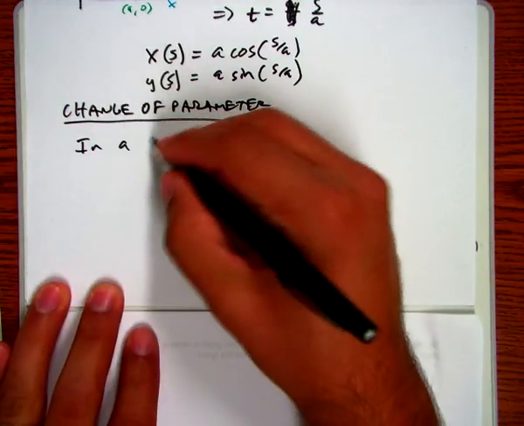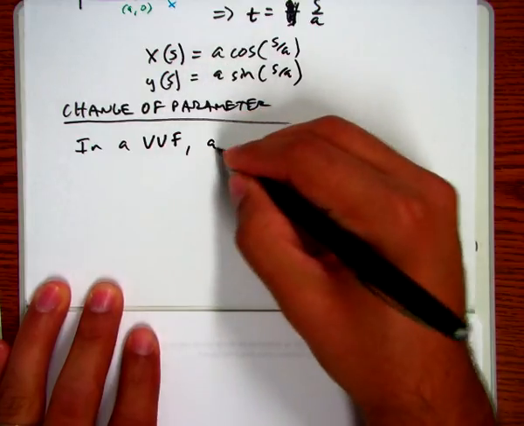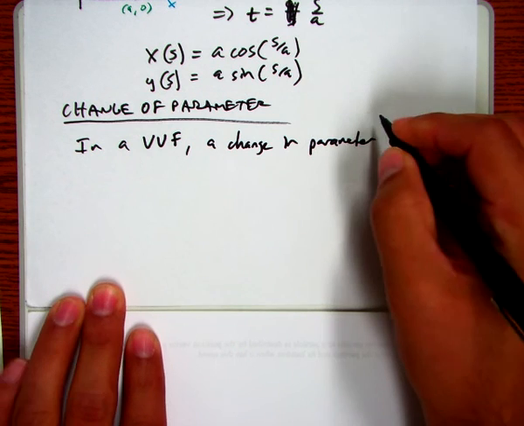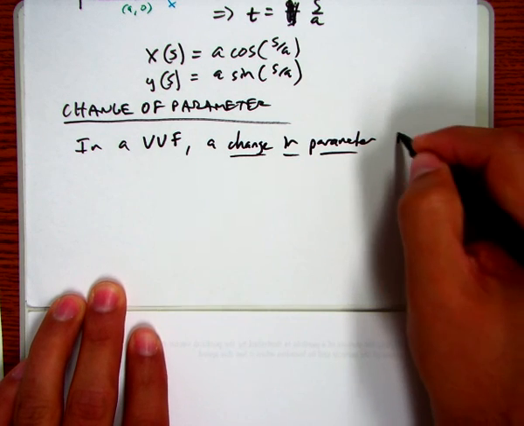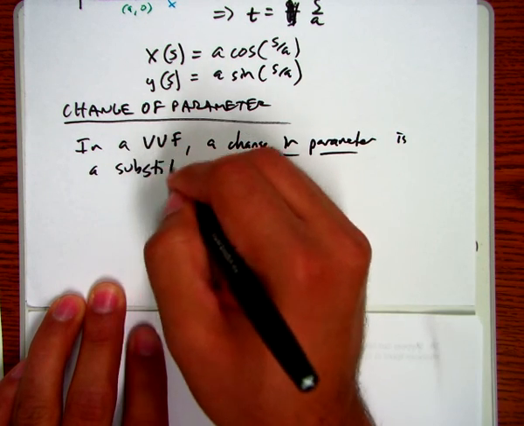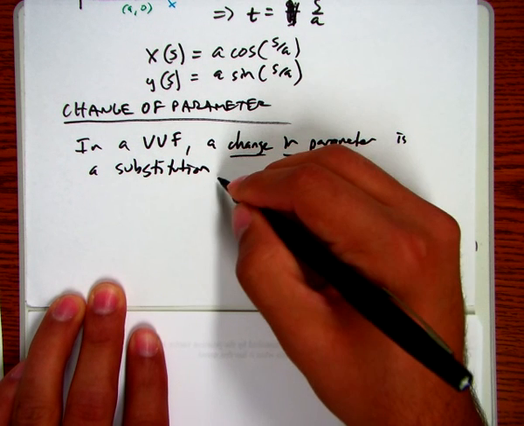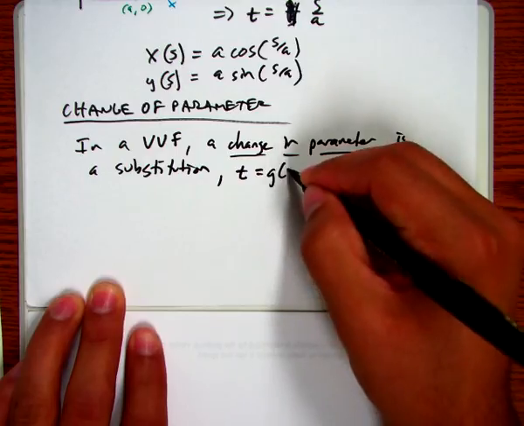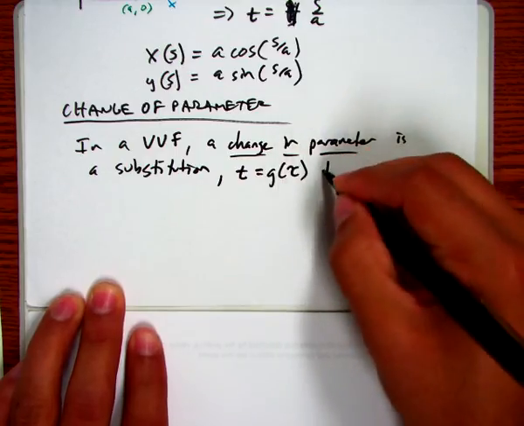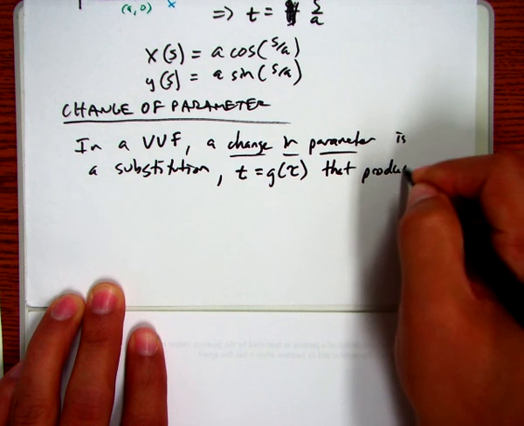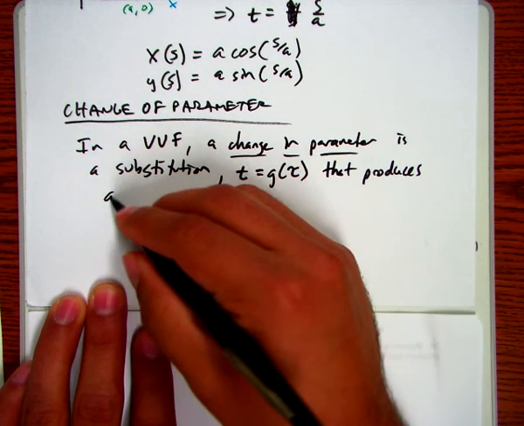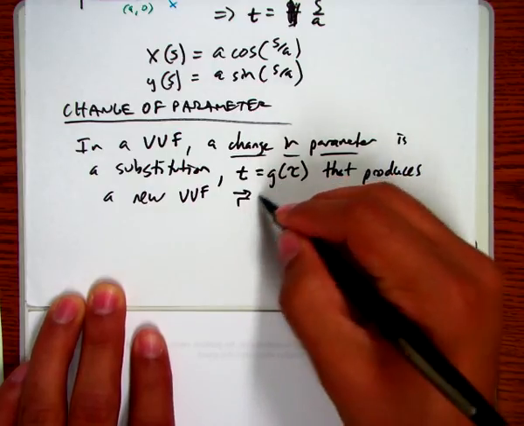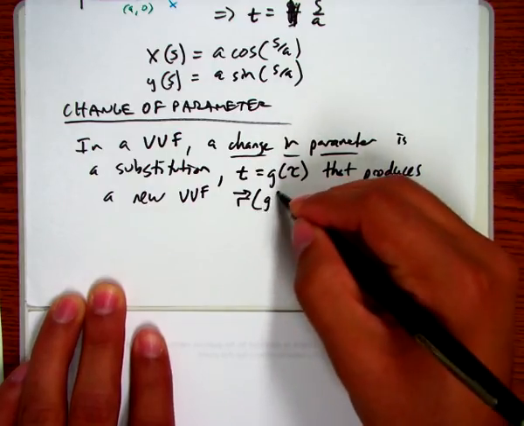In a vector valued function, a change in parameter is a substitution, let's say t is going to equal a new function, g of tau, that produces a new vector valued function, which would be r of, instead of t, now we'd have r of g of tau.